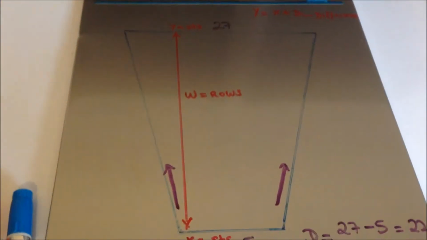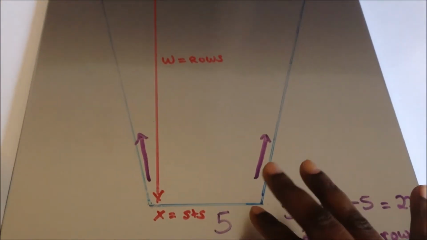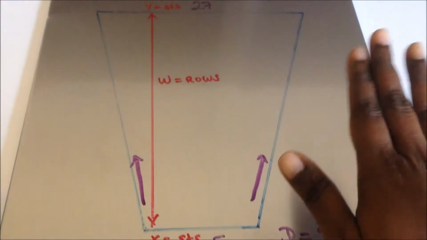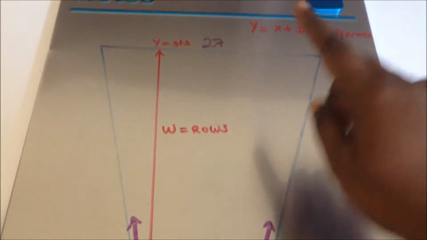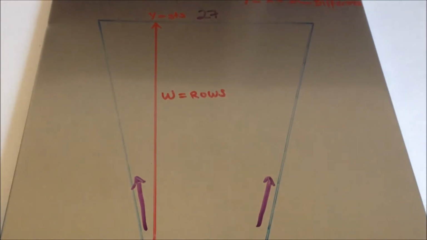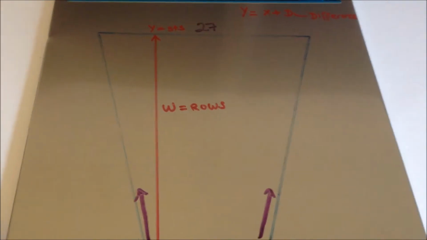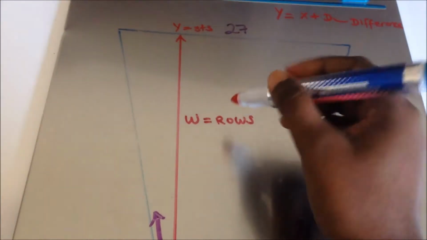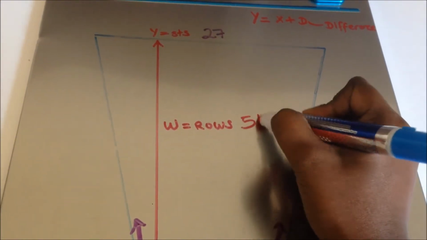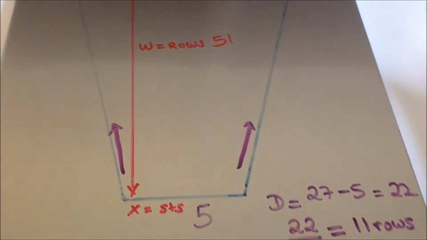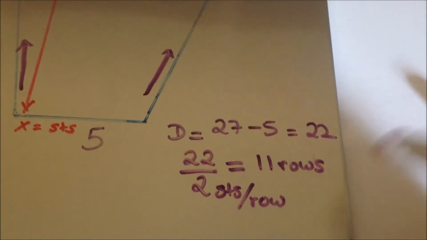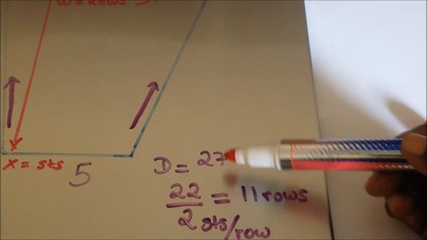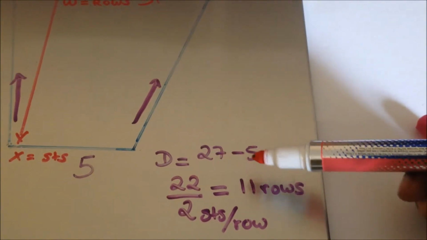Now I've put in numbers just to help us work it out. Say my starting number of stitches is 5. I'm going to be increasing to 27 over a number of rows, which I have determined as 51 rows. Let me just write that in there. So I have my 27, that's my bigger number, and my lesser number of 5.